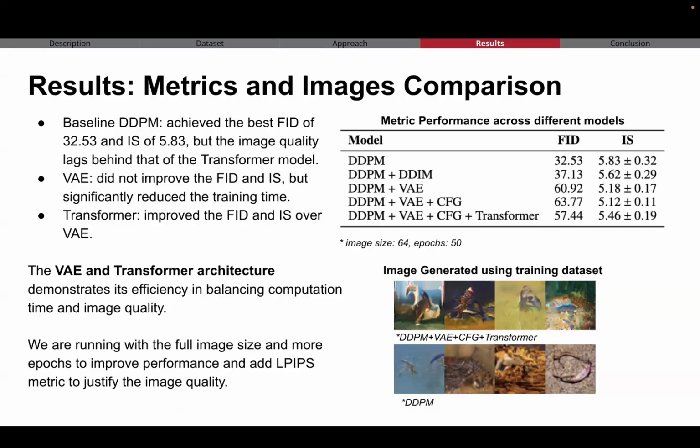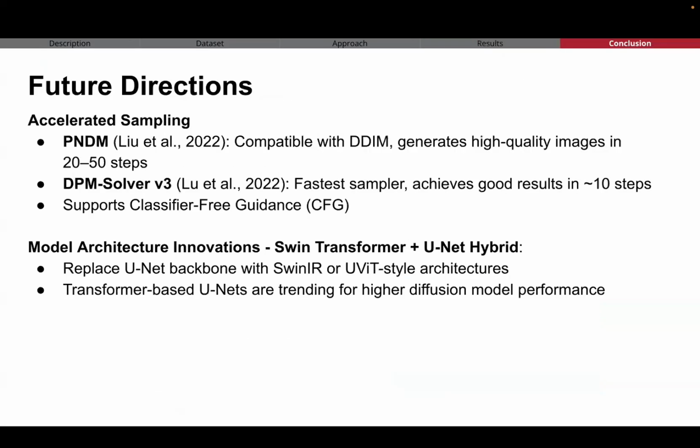So we can see that the VAE and transformer architecture demonstrates its efficiency in balancing computational time and image quality. Later, we will run with full image size and more epochs to improve performance and add the LPIPS metric to justify the image quality.